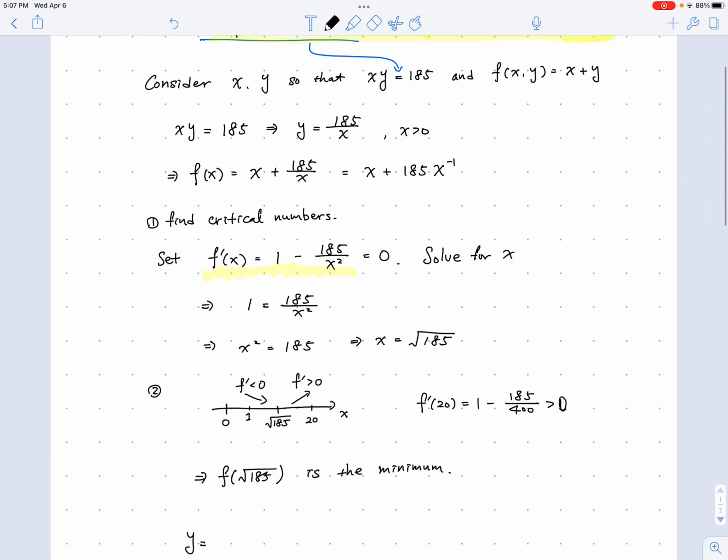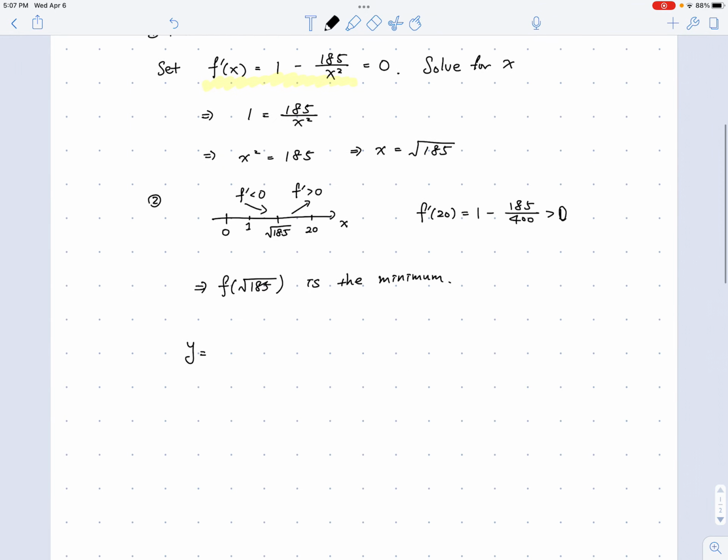According to what we have over here, y is equal to 185 divided by the x value that we found. So this is another root of 185. Hence the answer is x equals root 185 and y equals root 185. This will give the minimum sum.